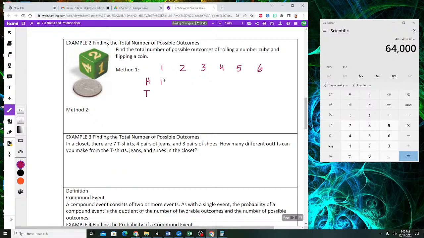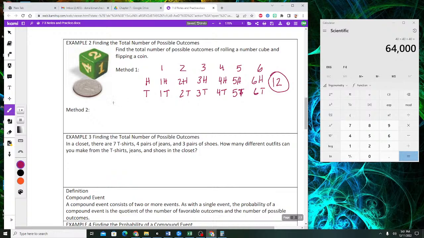So we could say 1 heads, 2 heads, 3 heads, 4 heads, 5 heads, 6 heads, and then 1 tails, 2 tails, 3 tails, 4 tails, 5 tails, 6 tails. When we see that sample space, we can see that there's 1, 2, 3, 4, 5, 6, 7, 8, 9, 10, 11, 12 ways of rolling a number cube and flipping a coin.